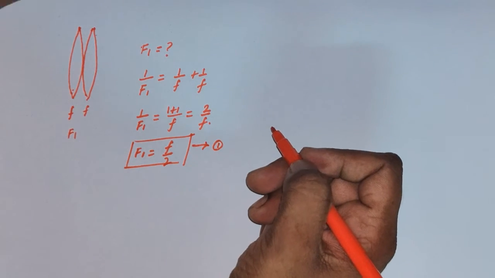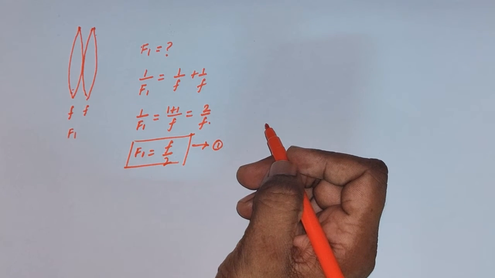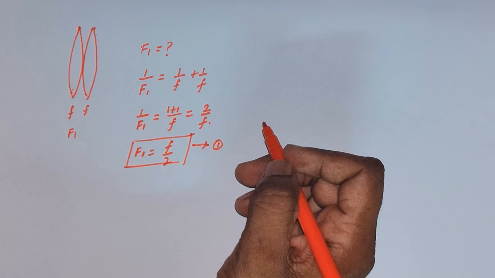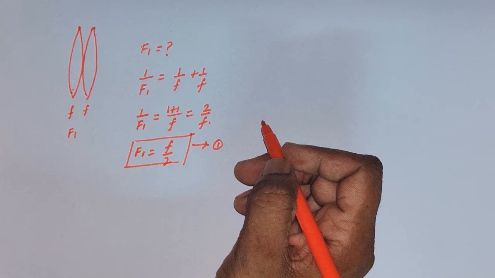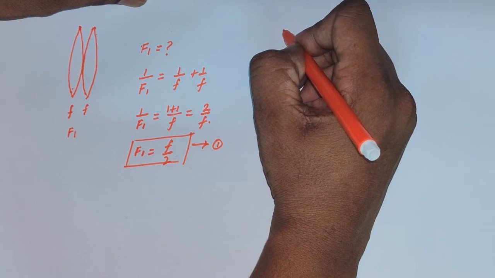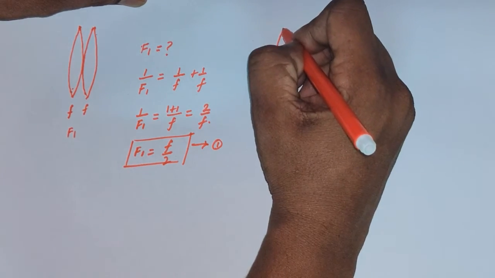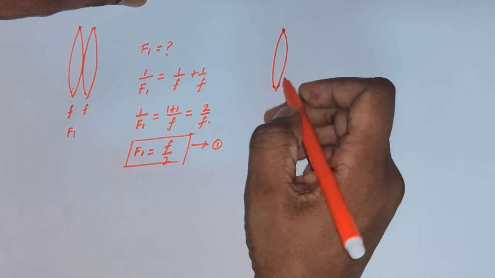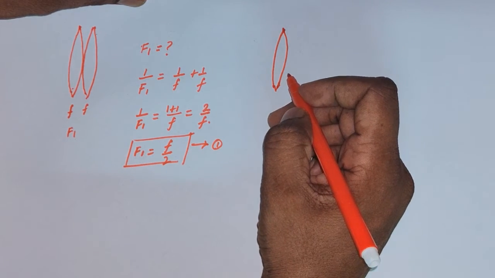The second one: it is given that when the space between the two convex lenses is filled with glycerin, then the equivalent focal length is F2. So we need to draw for this one also. Suppose again we are taking the same thin equi-convex lenses.